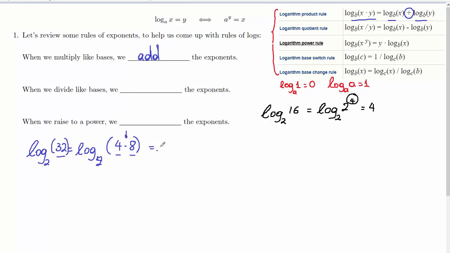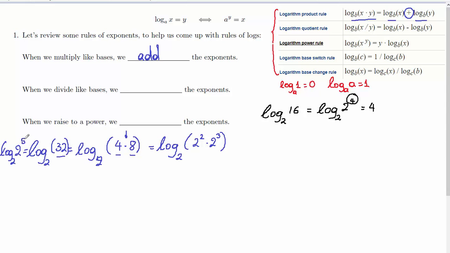Well, 4 is 2 squared. And what is 8? Well, 2 to the 3rd. So basically what I have is log with base 2 of 2 squared times 2 to the 3rd. Now, if you look at the 32 itself, this is nothing else than 2 to the 5th.